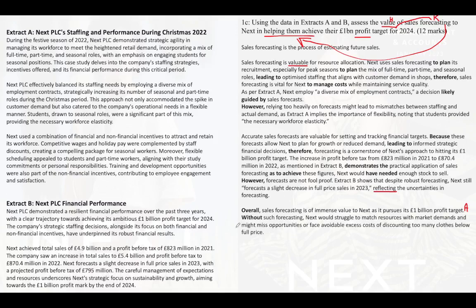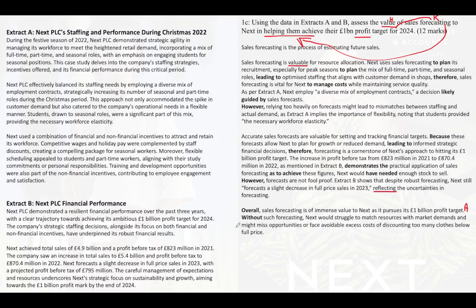Now, with this one, we can get away with saying things like without. Okay, without such forecasting. When we were looking at the national living wage, we can't say without the increases in national living wage. Well, let's face it, they're there. You can't recreate reality. But with this one, we could just choose not to do forecasting. Be a bit silly, but we could do it.